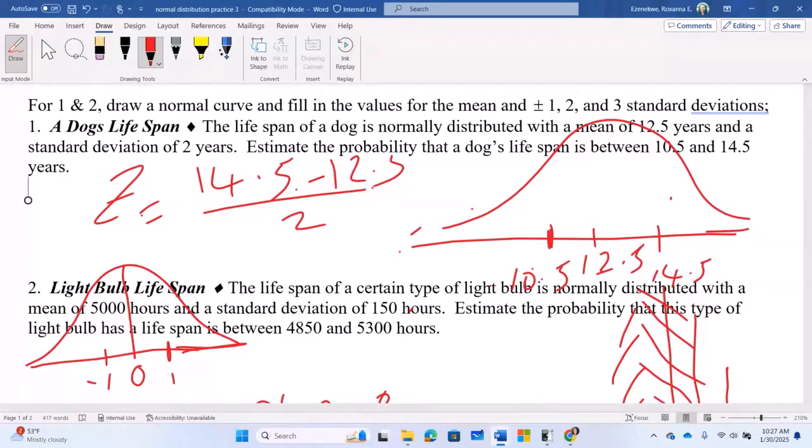Okay, you see that when I finish the standard normal distribution, so this is a standard normal. A standard normal is a normal curve that is standardized with z-scores.